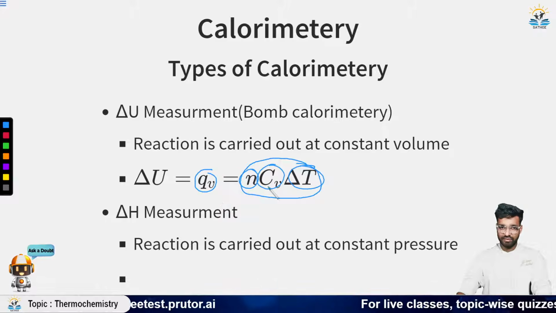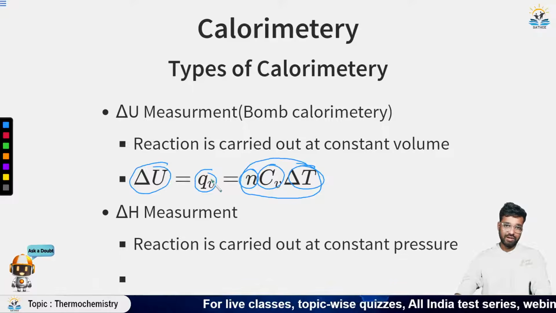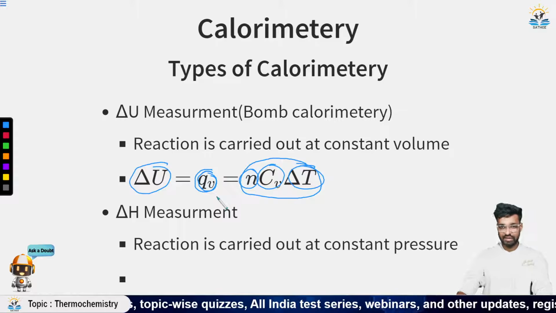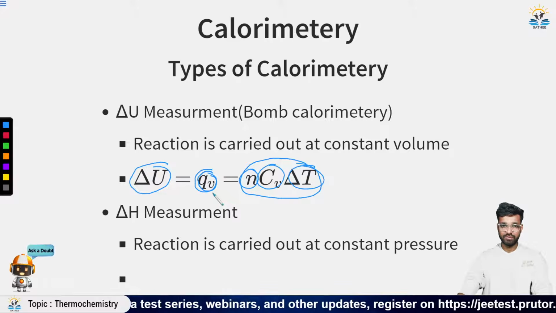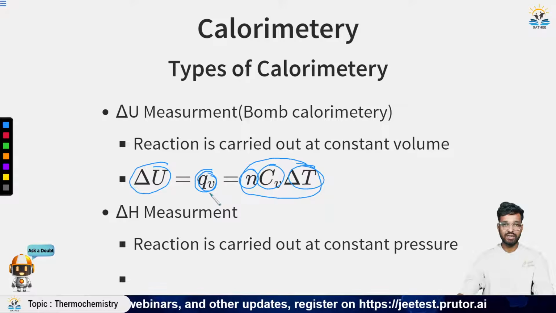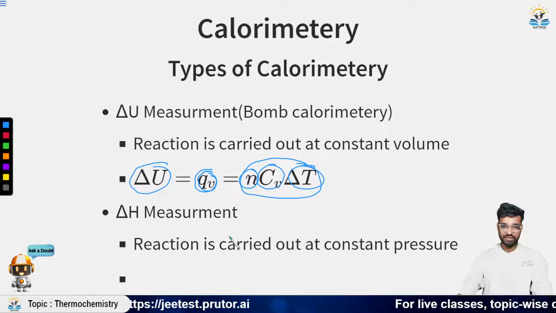So in this way, if we know n, CV and delta T, we can calculate delta U. And delta U equals QV, we know it very well because delta U equals work plus heat, from the first law of thermodynamics. But since the volume is constant here, the work done will be zero. So ultimately, we get internal energy equal to the heat exchange.